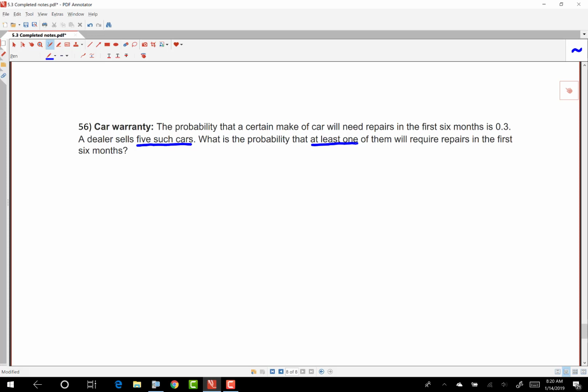So they tell us that the probability that it needs repairs in the first 6 months is 0.3. So that means that the probability that it does not need repairs in the first 6 months is the opposite of that. That would be 0.7. They need to add to 1. And we want to find the probability that at least one of the 5 will require repairs.